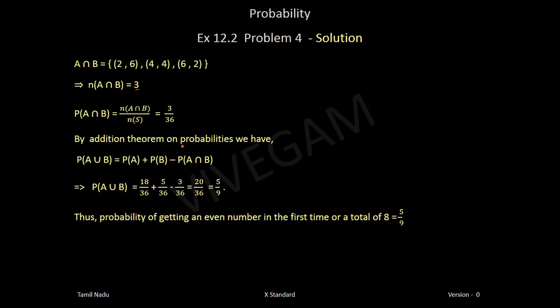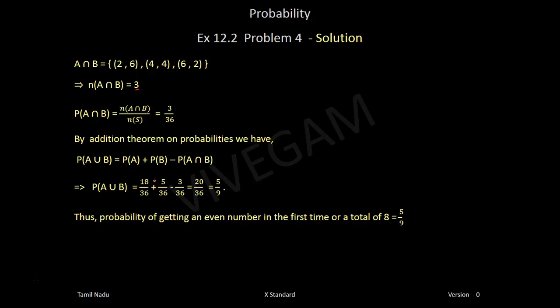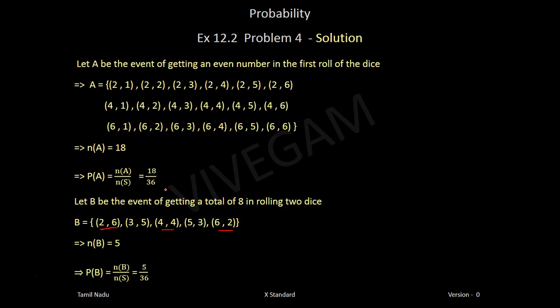Now by the addition theorem on probabilities, we have the probability of A union B is the probability of A plus the probability of B minus the probability of A intersection B. Substitute the values. The probability of A is 18 by 36. The probability of B we just calculated, 5 by 36.